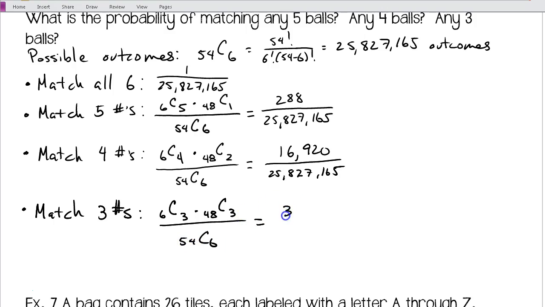That will give us 345,920 out of our 25,827,165. So you can see, to match fewer of the numbers, your odds increase accordingly.